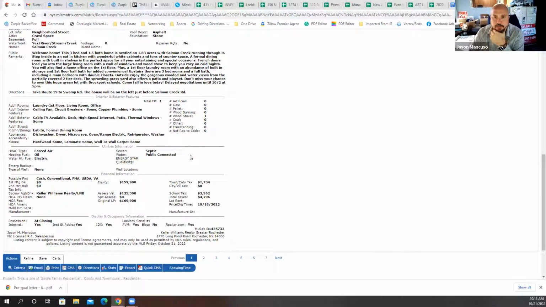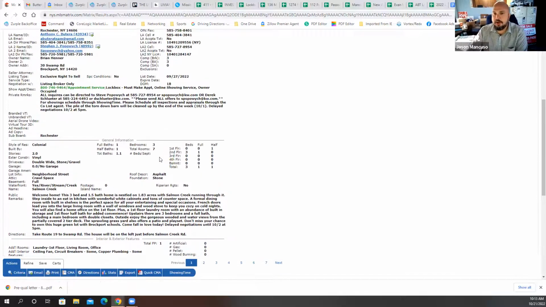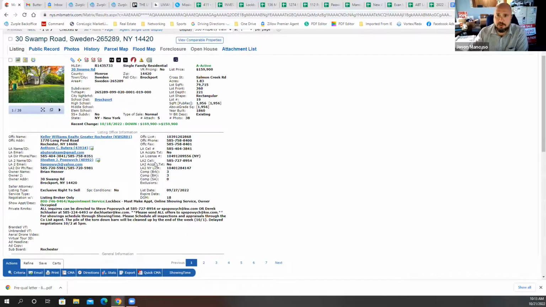It does have public water, so no well, but it also has oil-based heat, which is more unique, although septic is common. If there are public sewers, you don't have to worry about a septic inspection addendum, and most times there's natural gas as a source of heating fuel. So just a couple of intricacies that would be applied to a contract.